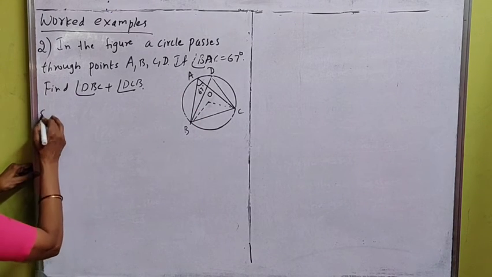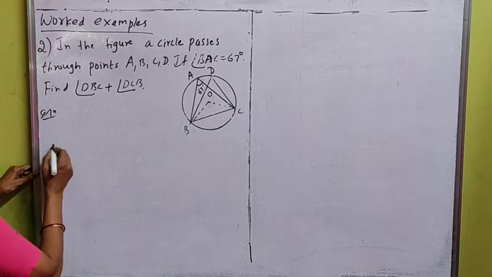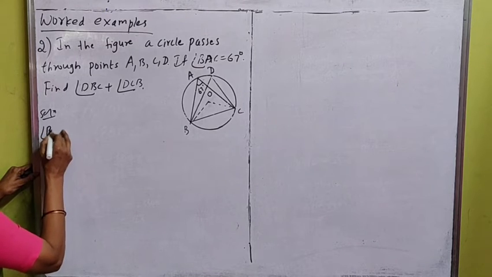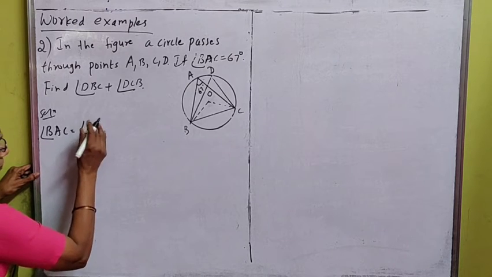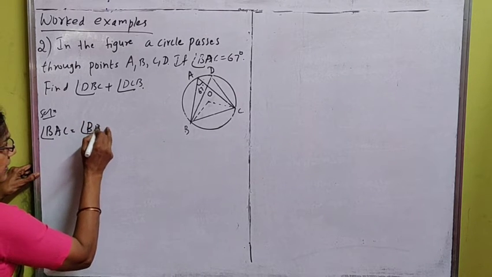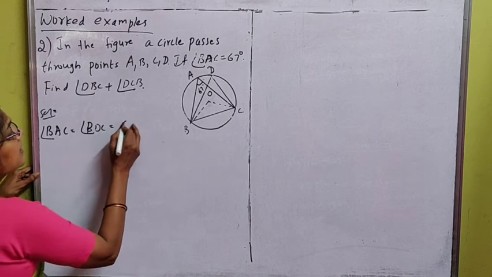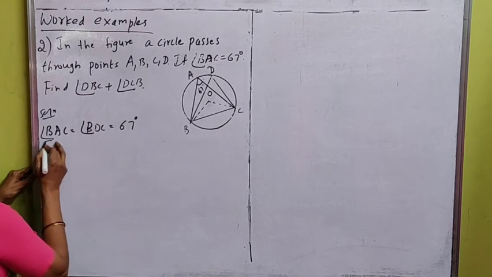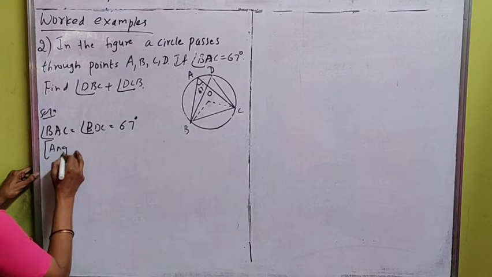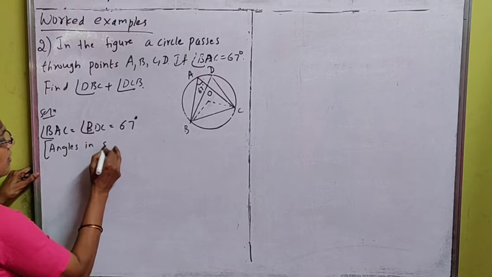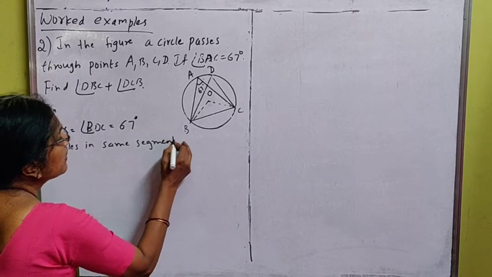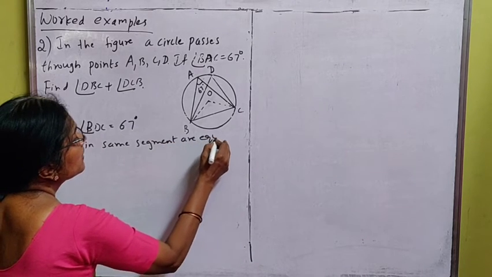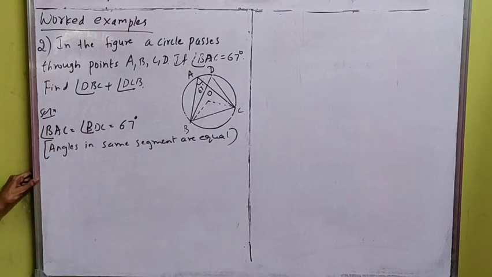So the solution: angle BAC is equal to angle BDC is equal to how much is it? 67 degree. Reason: angles in same segment are equal. That is the reason.